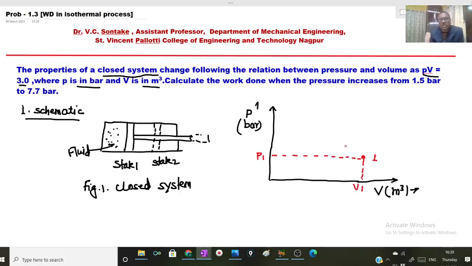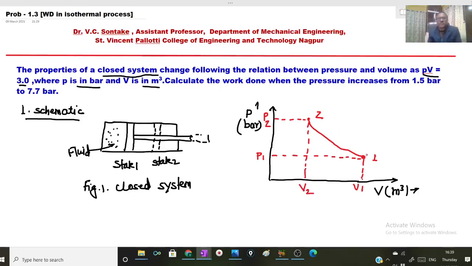Now the system is undergoing isothermal compression, and an isothermal process is represented by a curved line. So this will be state 2. At this state, let's say pressure is P2 and volume is V2.